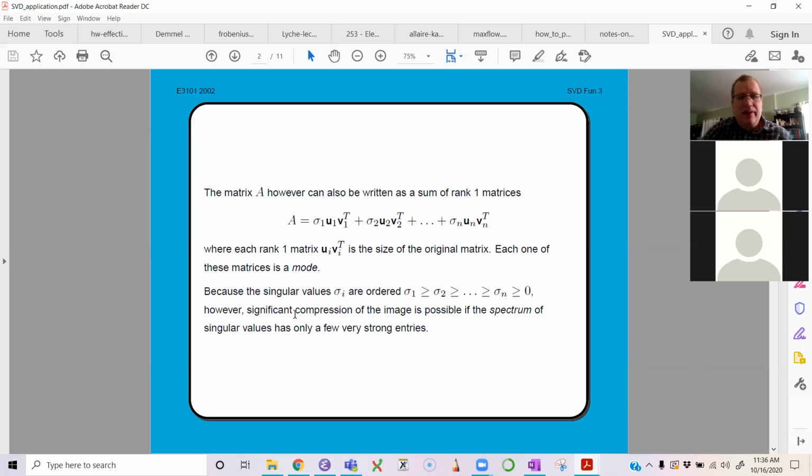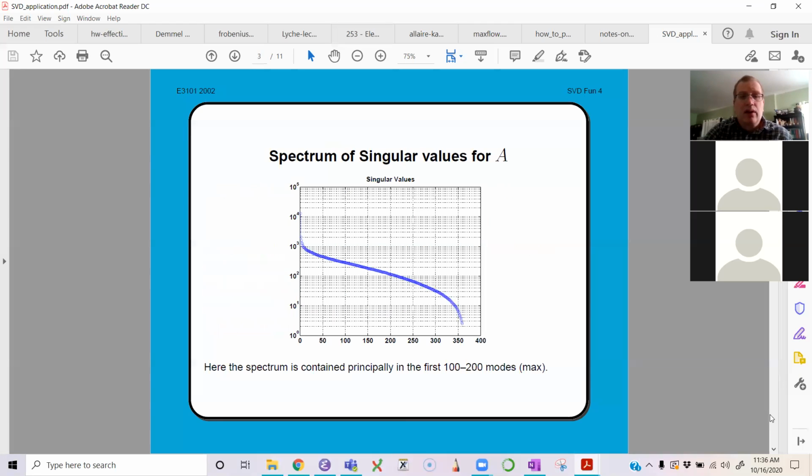And so here it says significant compression of the image is possible if the spectrum of singular values has only a few very strong entries. So let's look at, here they plot the magnitude of the singular values in decreasing order. And you see there are some really big singular values.